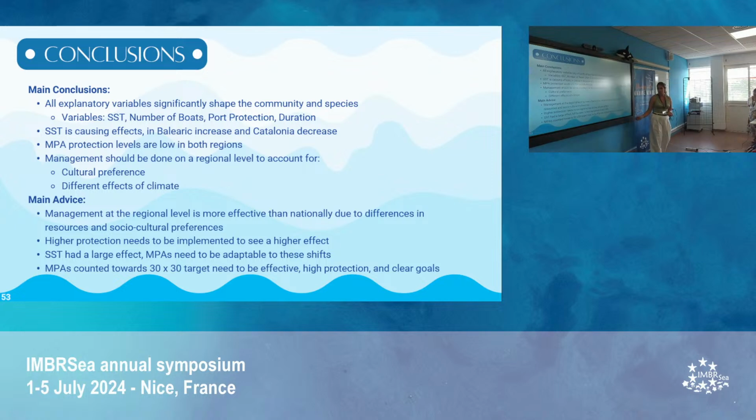And that because sea surface temperature has a large effect, the MPAs should reflect that and have that within their management plans in order to adapt and shift with the species that they are looking towards. And lastly, that MPAs should have management tools to assess effectiveness.